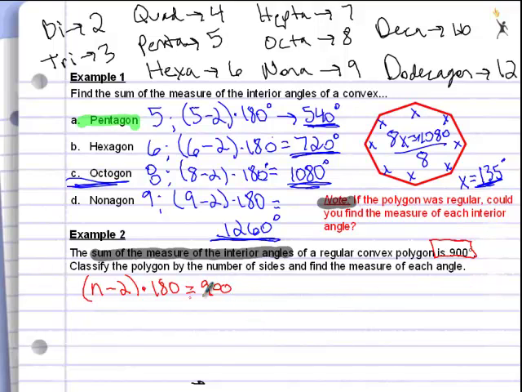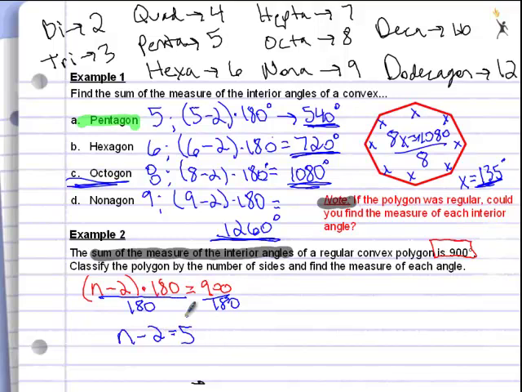So I can take this problem and solve for n, the number of sides. Using our algebra skills, the first thing we need to get rid of is this 180, because we want the n minus 2 by itself. So I'm going to divide both sides by 180. And what I get is n minus 2 equals 5.